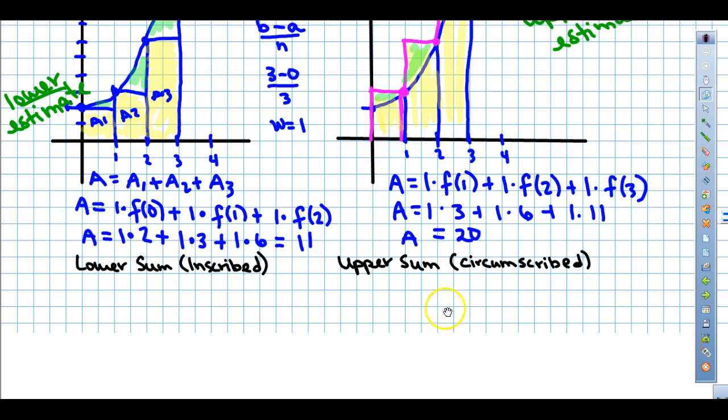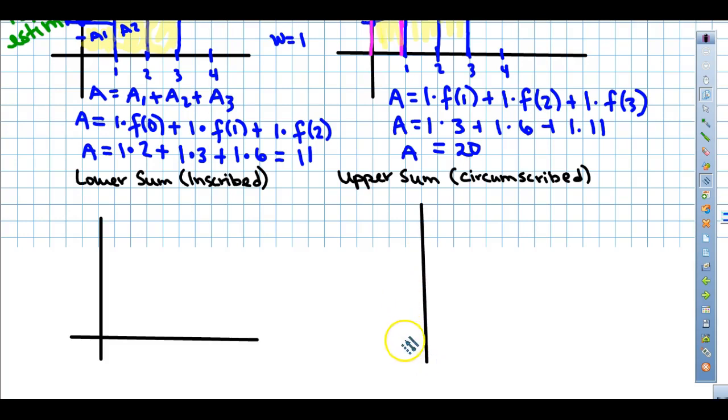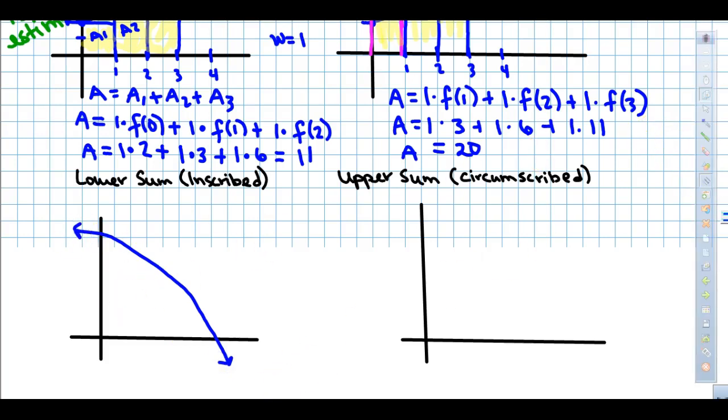Let me show you what this looks like if it were a decreasing function, okay? I'm just going to sketch something. It's not going to be perfect, okay? All right, but let's say that you had a decreasing function. Here's a function that's decreasing, and you were to do inscribed rectangles.